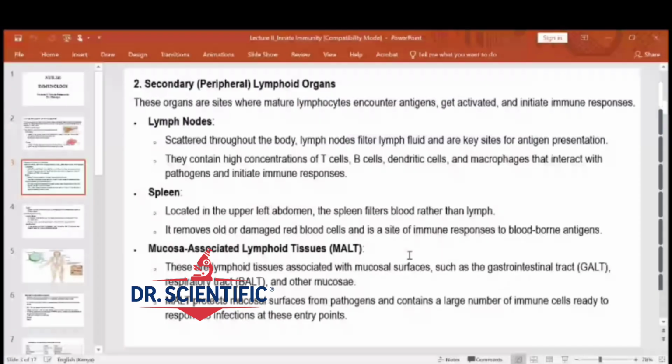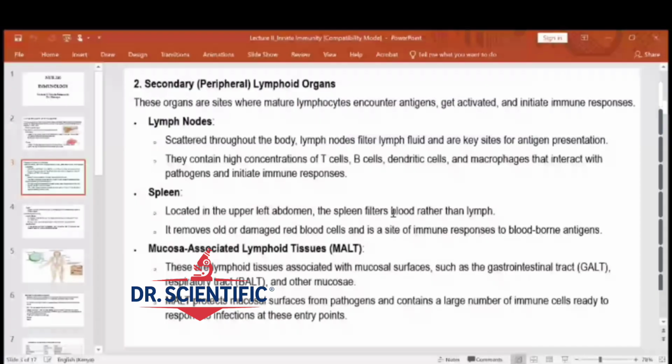Parasites like malaria, and some bacteria, are blood-borne antigens. So in this site, you're likely going to encounter the immune cells, where antigens will be presented, and then an immune response would occur.